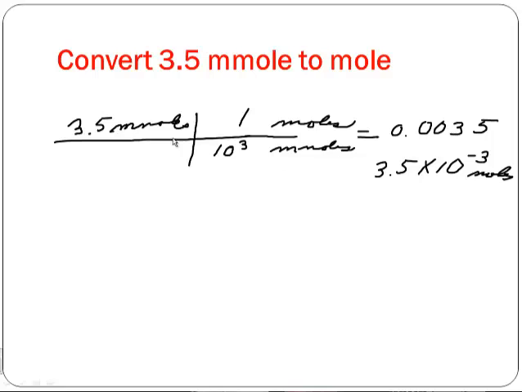How do I know it's moles? Millimoles cancels. We are left with moles. Box in your answer, and you have to do a better job boxing your answer than I just did, and you're all set.